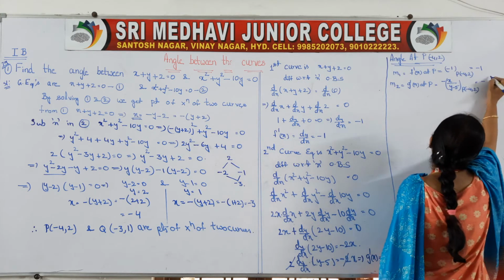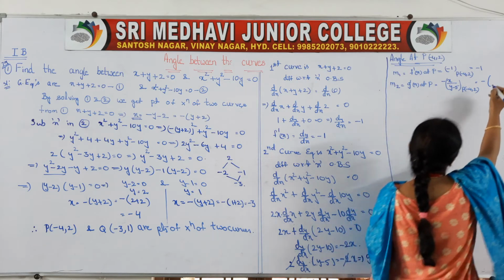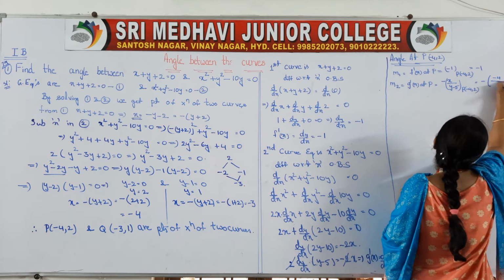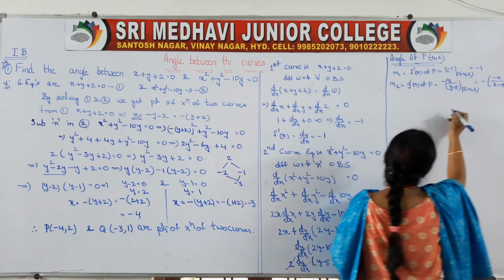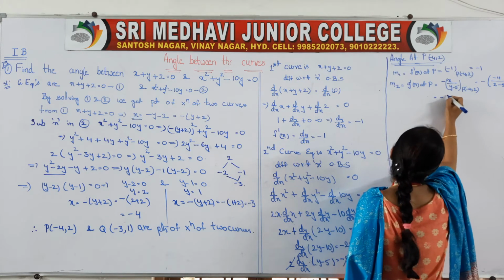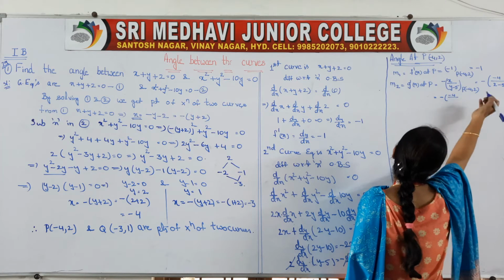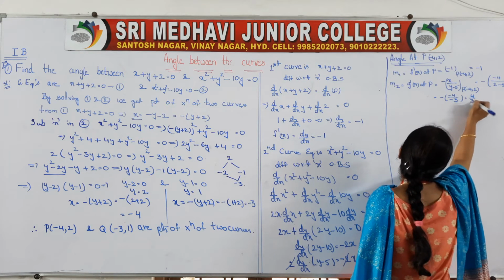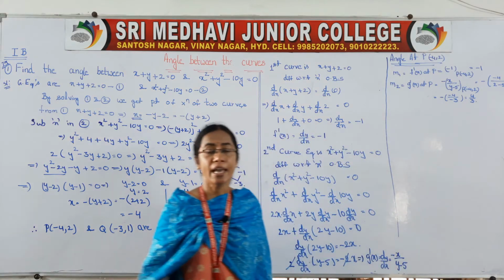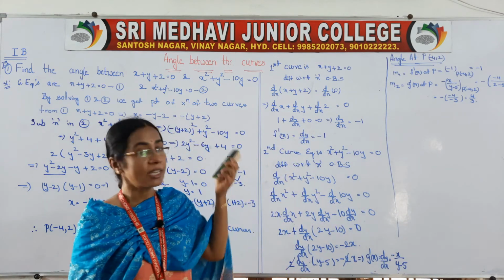So it is equal to minus of x, that is -4, by (2 minus 5), which is minus of -4 by -3, equal to 4 by 3. This is your m2.